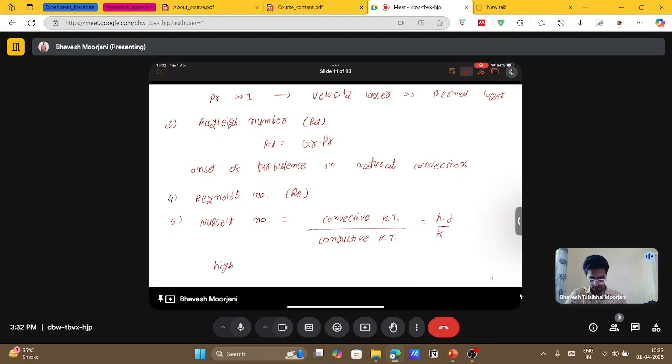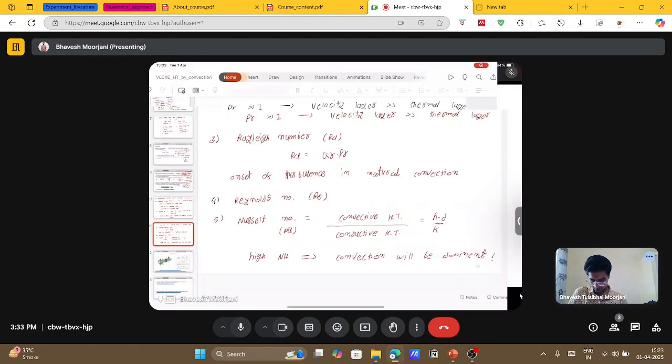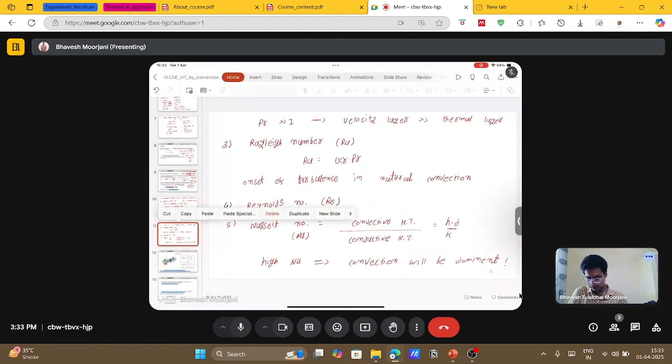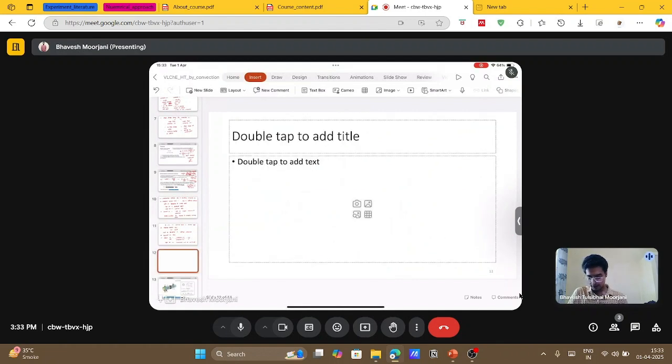A higher Nusselt number denotes that convection will be dominant. So these are the quantities used to differentiate convective heat transfer in natural and forced convection.